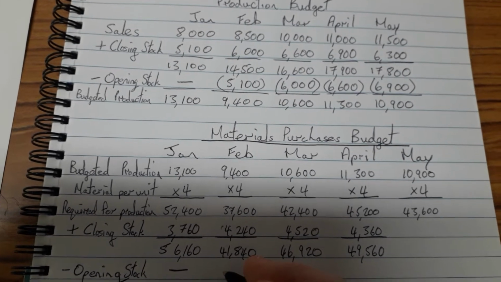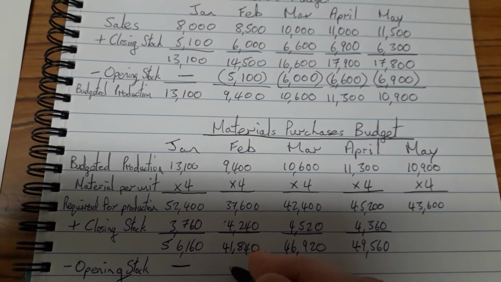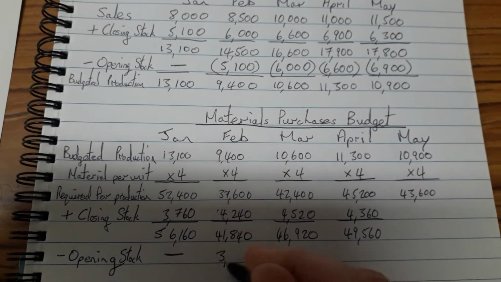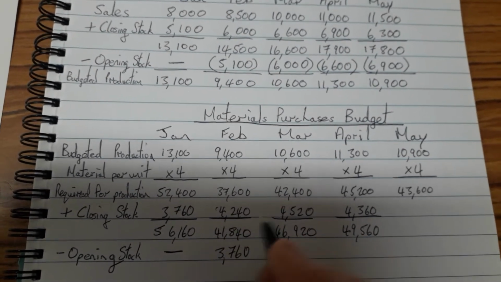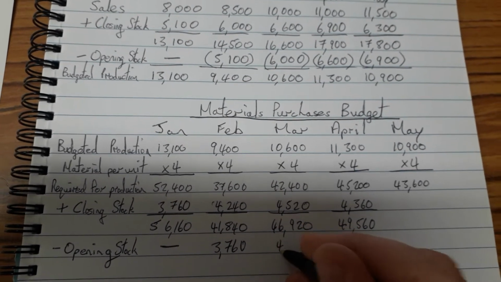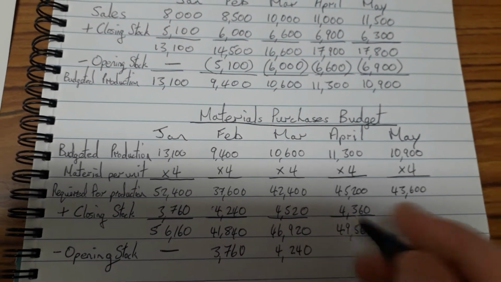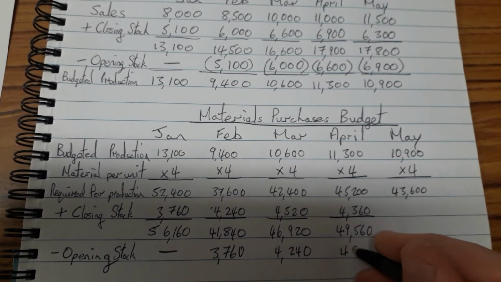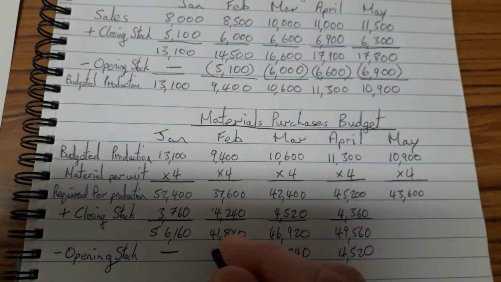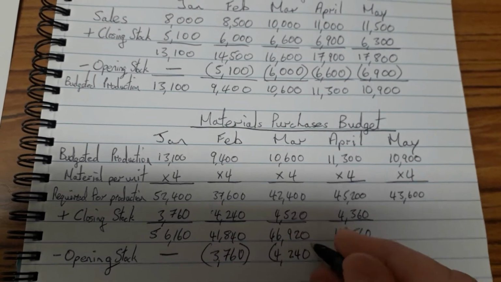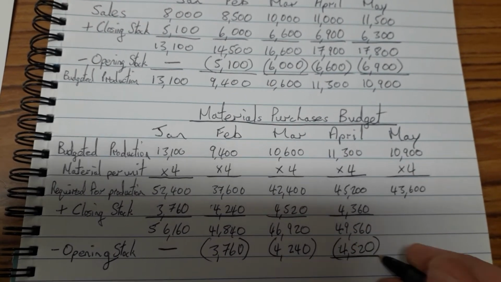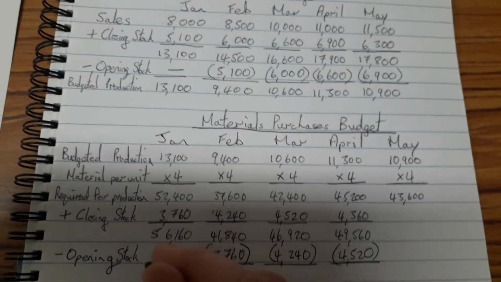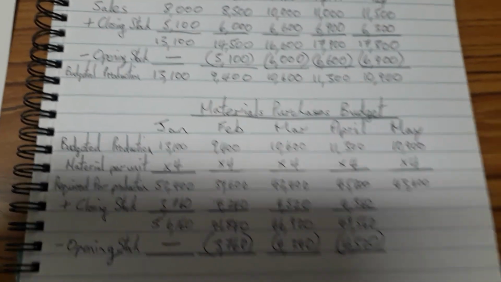In other words, it'll be the closing stock from January. So 3,760 down here, 4,240 down here, 4,520 down here. And since we're subtracting, I'm going to put brackets around each of these. And I'm going to pause to total them again.